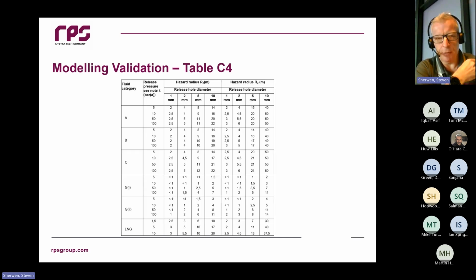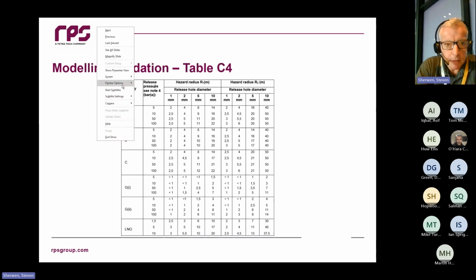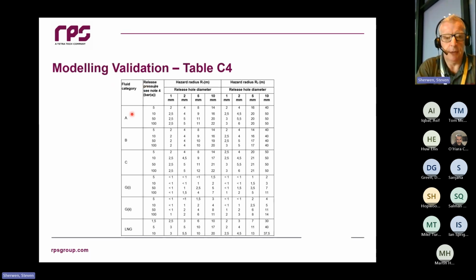So this is the old table. For those of you who haven't used the EI15 before, to get a zone extent, you identify what your fluid category is. You identify your release pressure at where it's leaking out of the hole, and you identify what size hole you need to take.